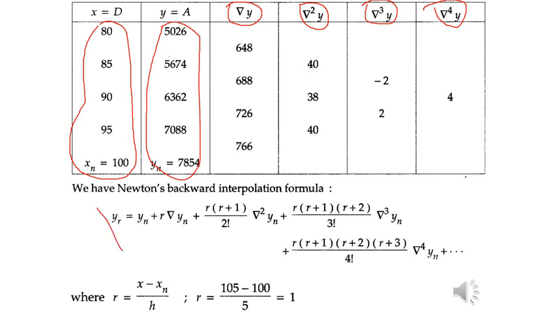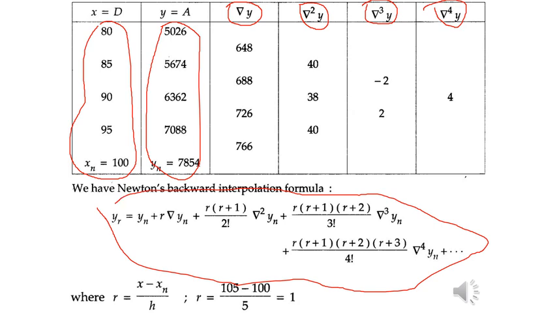So here is the Newton's backward interpolation formula, which we have already seen. Everything is known from the table now except the value of r. Now let us find what is r. What is the formula to find r?